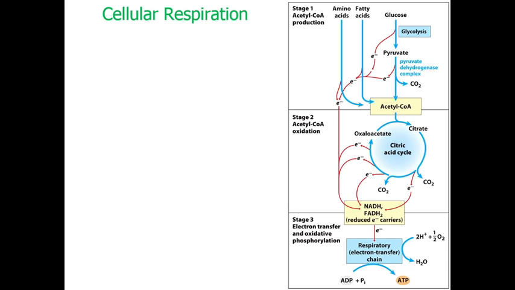Rather than being reduced to lactate or ethanol or some other fermentation product, the pyruvate produced by glycolysis is further oxidized to carbon dioxide and water. This aerobic phase of catabolism is called respiration, and in this process, it consumes oxygen and produces carbon dioxide.